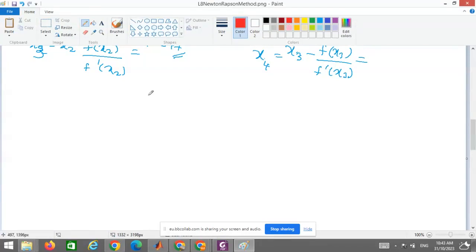So you can try out these questions: if f of x is e to the x minus 3x squared, you have to find f dash of x, which is e to the x only, right? Minus 6x.